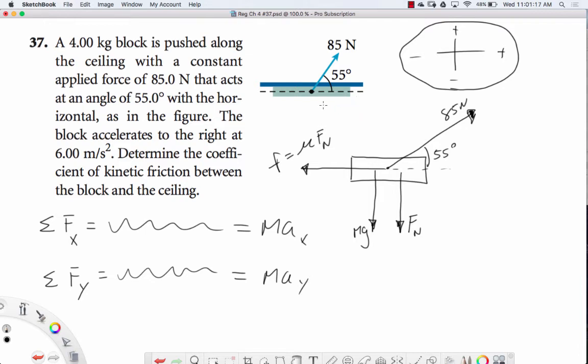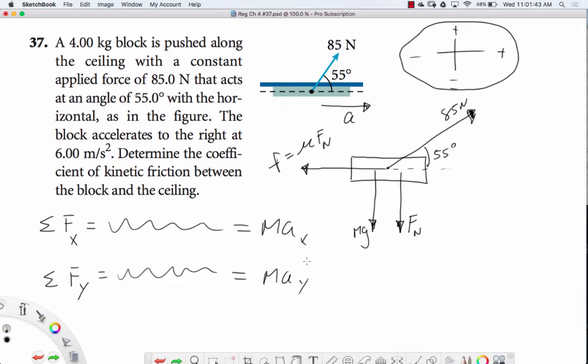The block accelerates to the right. Is that x or y? X. Okay. What's going to be the y acceleration? Is this block accelerating in the y? No. So in the sum of the forces, this y acceleration is going to be crossed to 0 because there is no y acceleration.